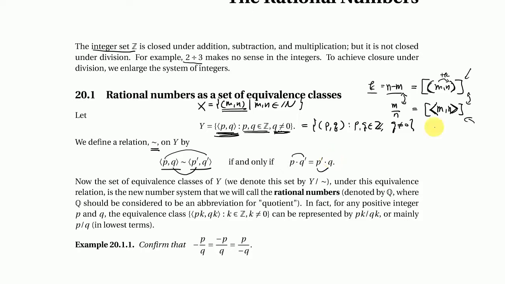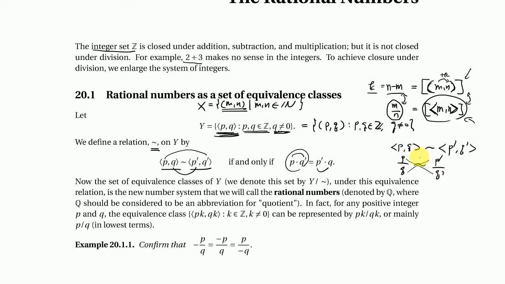And as you can see here, if later we define the notation for that set as m over n, then PQ has a relation with P prime Q prime, meaning P over Q has a relation with P prime over Q prime, and that looks like P times Q prime and P prime times Q is the cross product.